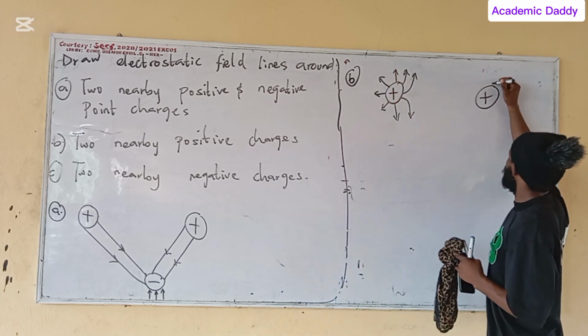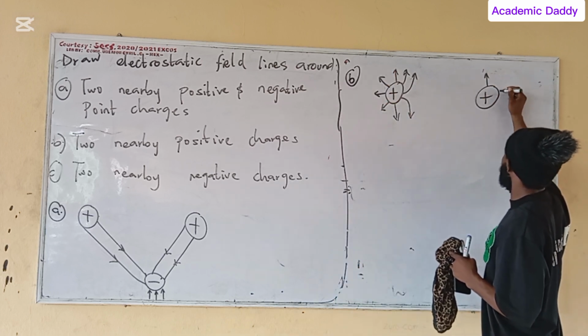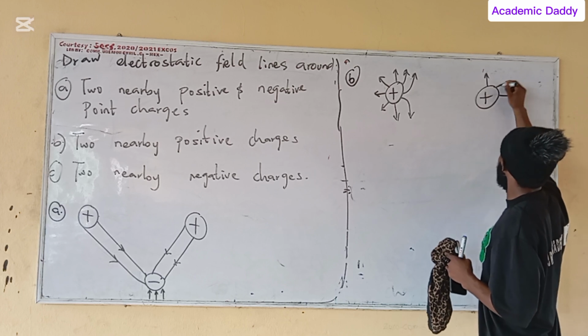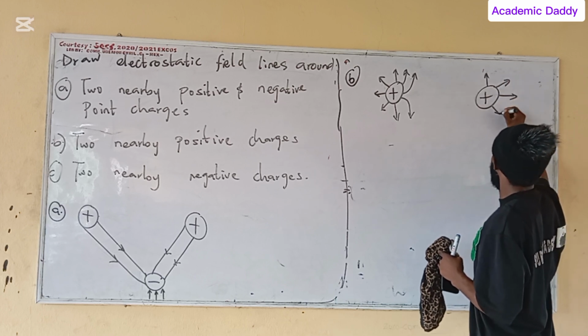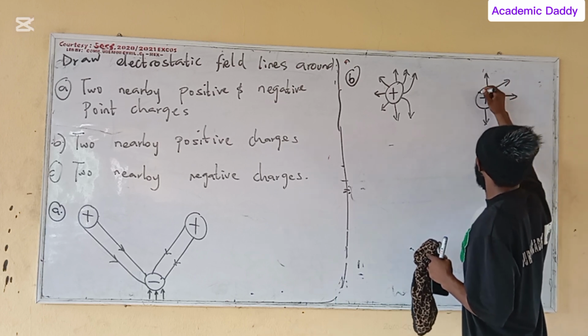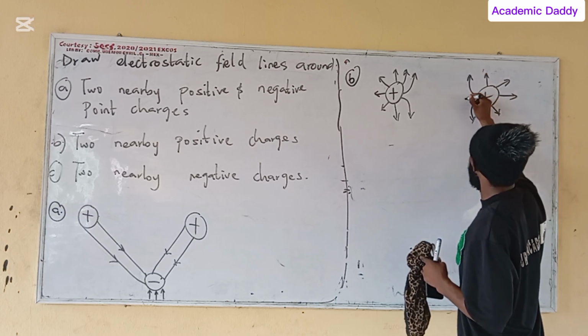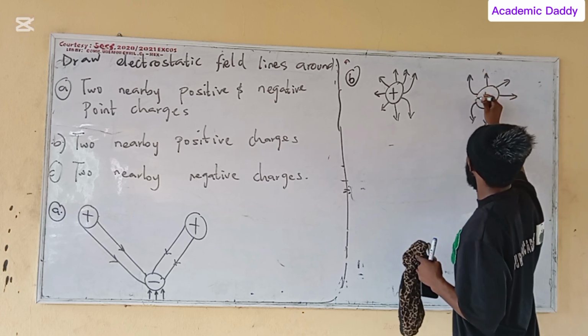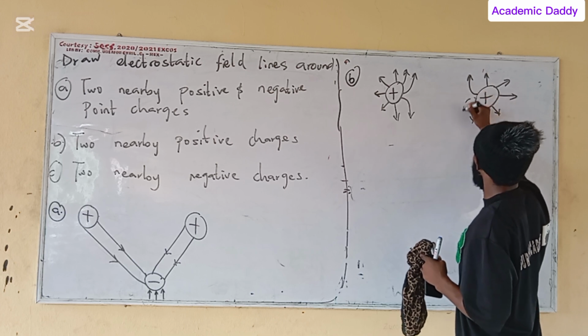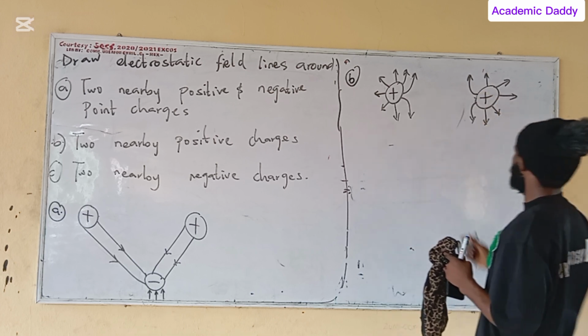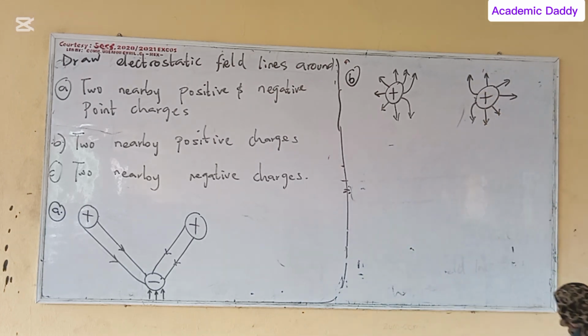The same thing here, so they can't attract. This one will turn up, this one will turn down. Even if there's something that is supposed to come here, because they are not going to attract, it will still come down or go up. That's why I'm leaving it at this. So for two nearby positive charges, this is it.